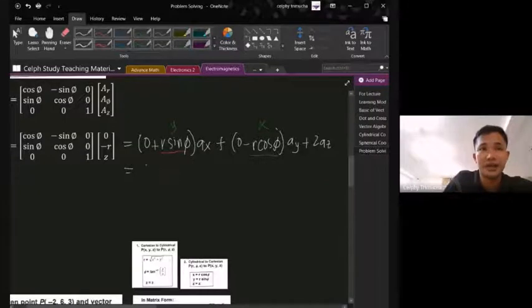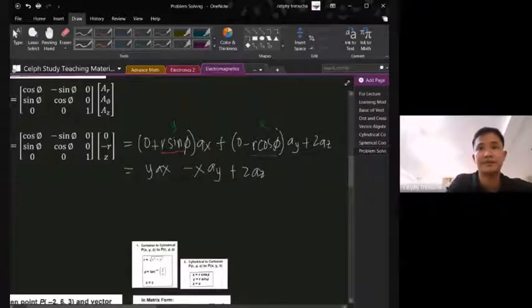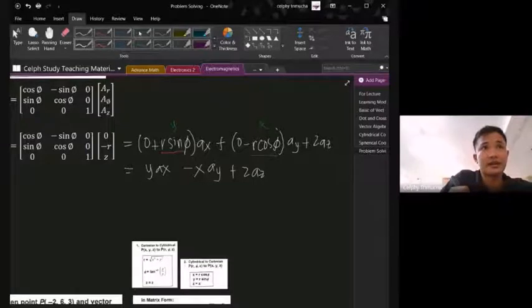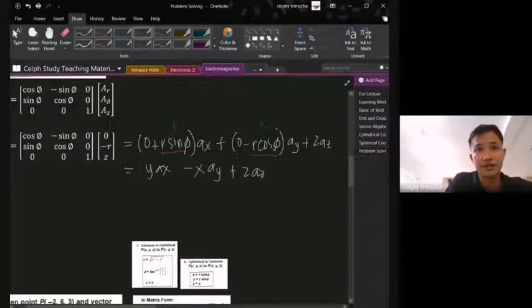We will have y A x minus x A y plus z A z. So, since na-express na sa rectangular form ang aton nga answer, this automatically be ang aton nga answer for the transformation of your vector.